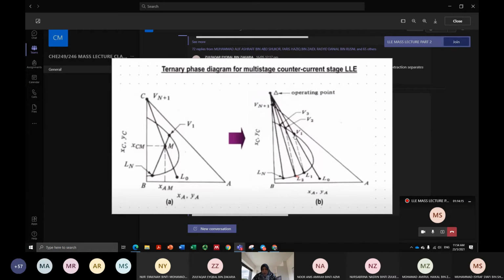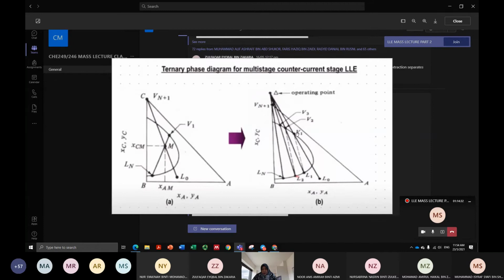You can see here, V1, V2, V3, all connect at the operating point. The lines converge at the operating point.